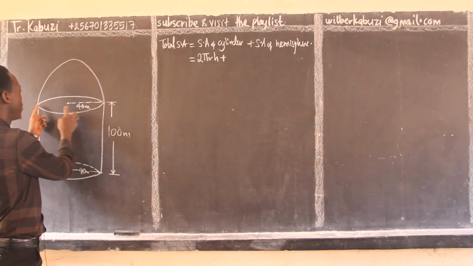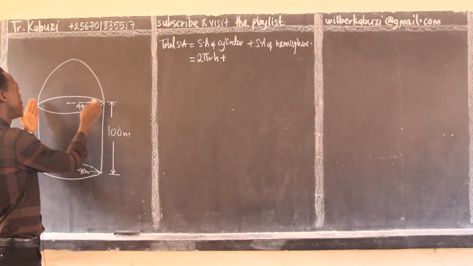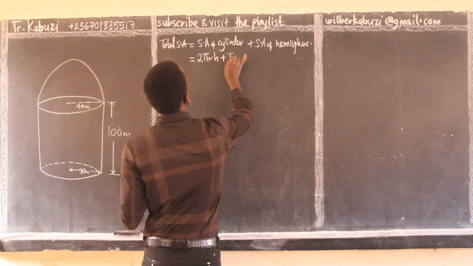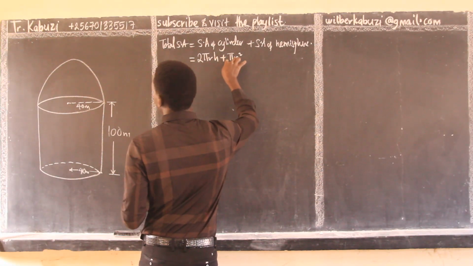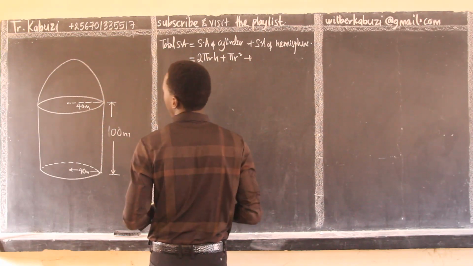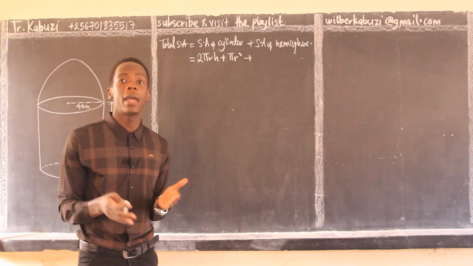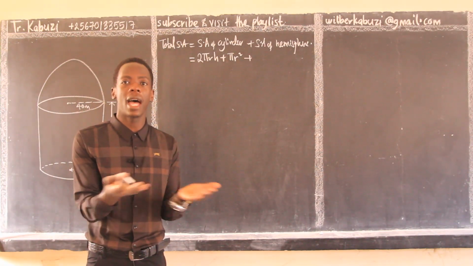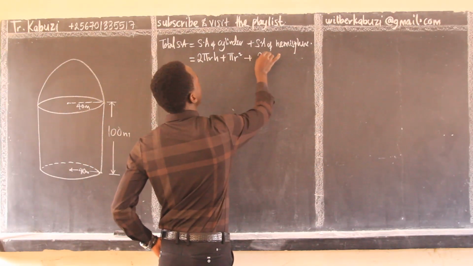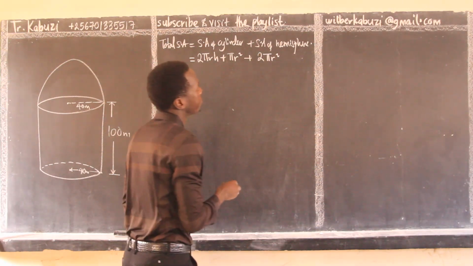But remember, we're not going to have both; we're going to have only this one, because we need the space here, so we're not having that surface area. So that's why I'm going to just add pi r squared, not 2. Then plus the surface area of the hemisphere. Remember, for a full sphere, the surface area is 4 pi r squared. So a hemisphere is just half of the full sphere, so it's just going to be 2 pi r squared.